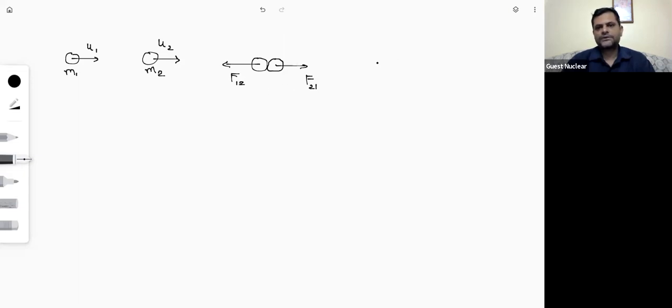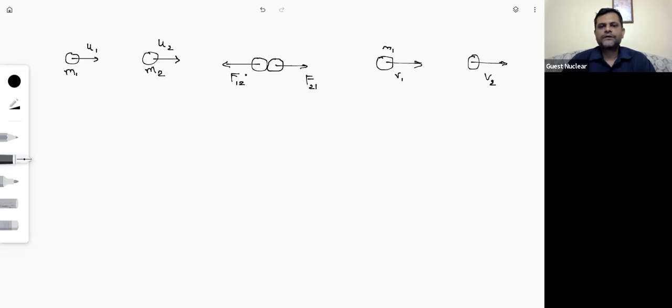And after the collision, these two bodies will start moving with different velocities. Like we can say the first body of mass m1 will start moving with the velocity v1, and the second body may start with the velocity v2. So these are the velocities of the two bodies just after the collision, v1 and v2, in this way.